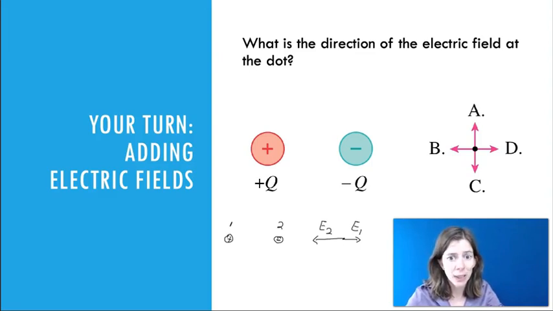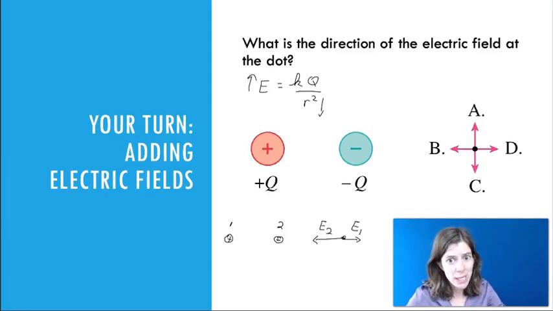The next thing you'll notice is that I drew the arrow for E2 bigger than E1. And that's because the electric field due to a charge is calculated using the equation kq over r squared. So the smaller the distance, the bigger the field.